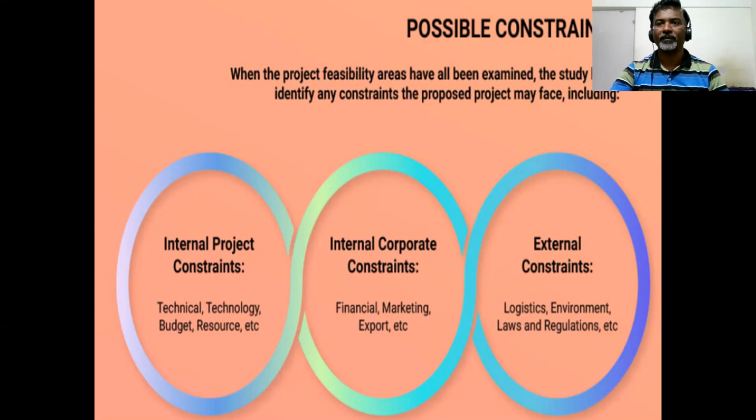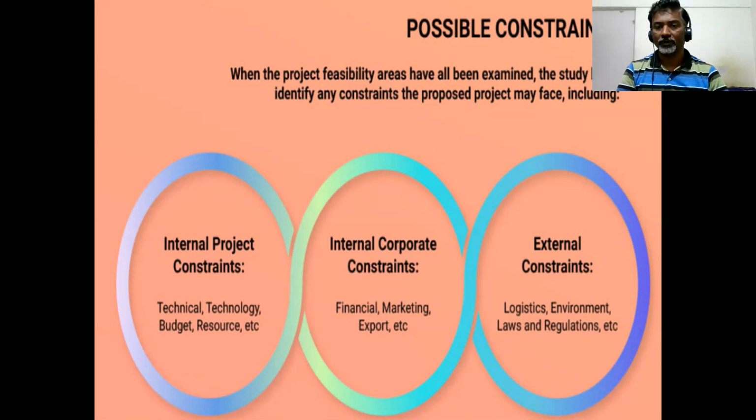So here in this case, what we are doing is taking the feasibility of all those things. Internal project constraints: is there any constraint? We are having adequate technologies, adequate budget, adequate resources, and adequate technical support. If all those things are there, then we can say we don't have any internal project constraints.